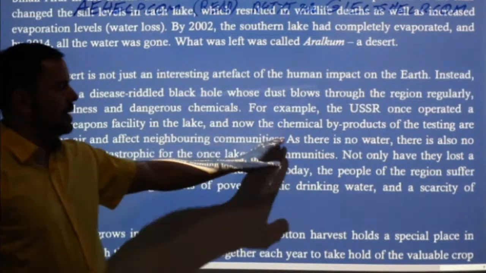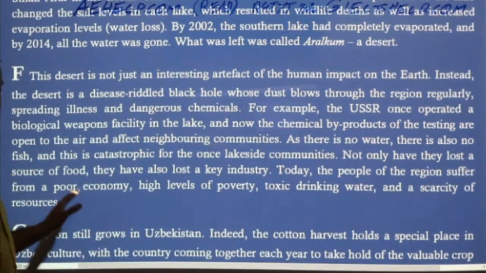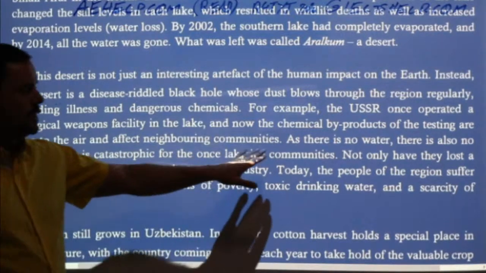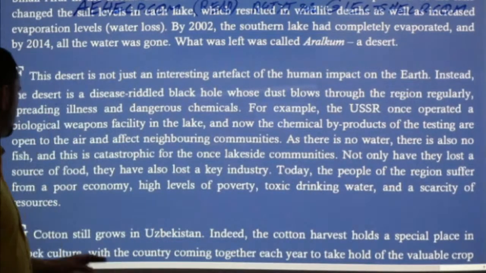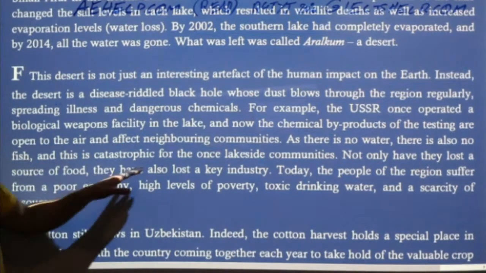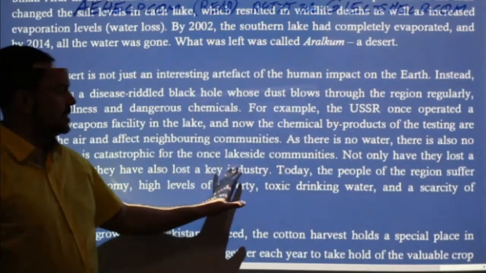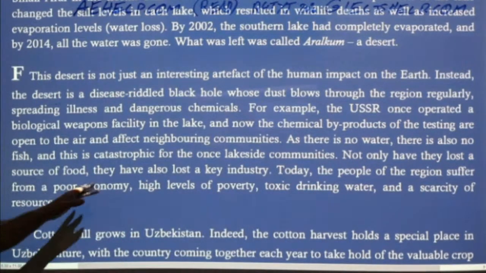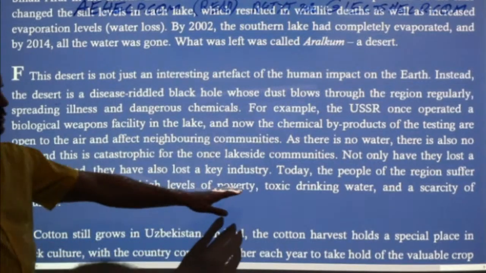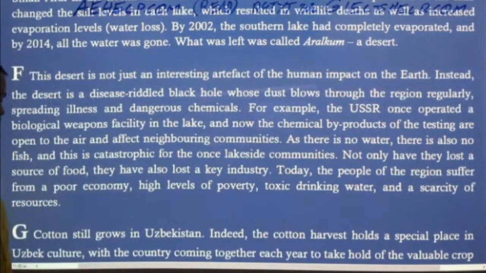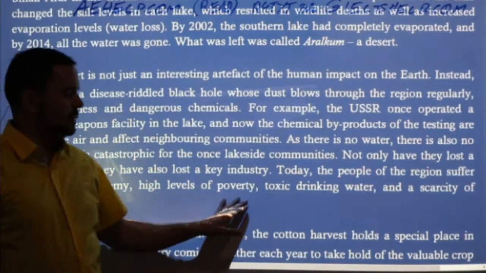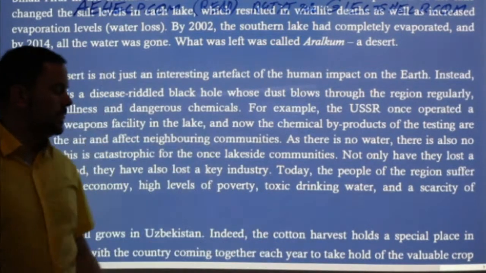And now the chemical byproducts of the testing are open to the air and affect neighboring communities. As there is no water, there is also no fish, and this is catastrophic for the once lakeside communities. Not only have they lost a source of food, they have also lost a key industry. Today, the people of the region suffer from a poor economy, high levels of poverty, toxic drinking water, and a scarcity of resources.